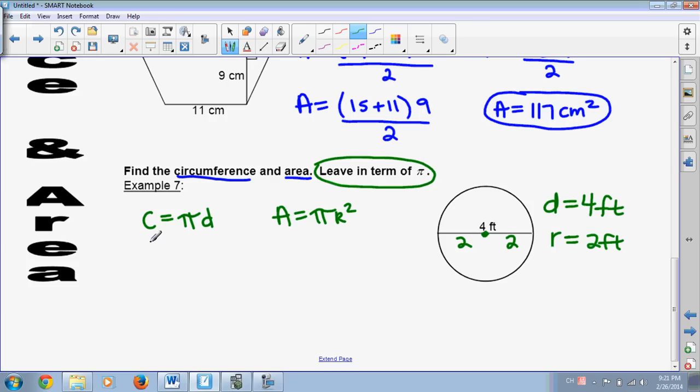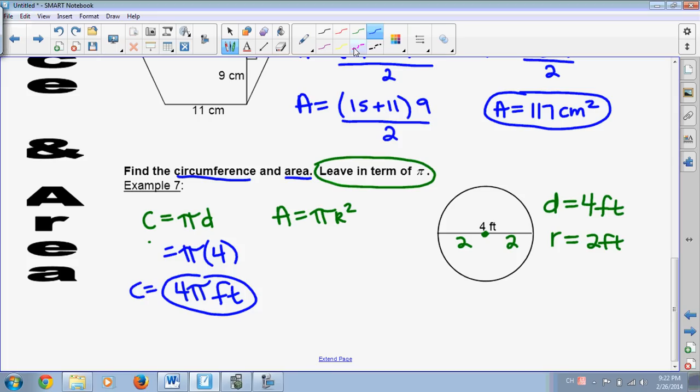So when we plug it into our formula, pi times d, pi times 4 is our circumference. So really, that's all we do with it. To leave it in terms of pi, you don't put these two things in a calculator. You just leave it as 4 pi. And circumference is like perimeter of a circle. It's just the distance around, so it's 4 pi feet.